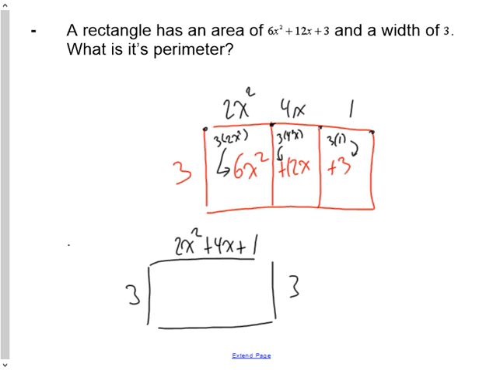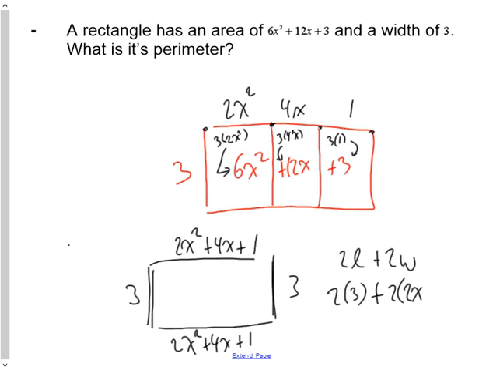And since we know a rectangle has 4 sides, we really have 2 lengths and 2 widths, or we have 2 threes, because we have one here and one here, and we have 2 widths, which is this one here and this one here. And altogether, they make up the perimeter of the rectangle.